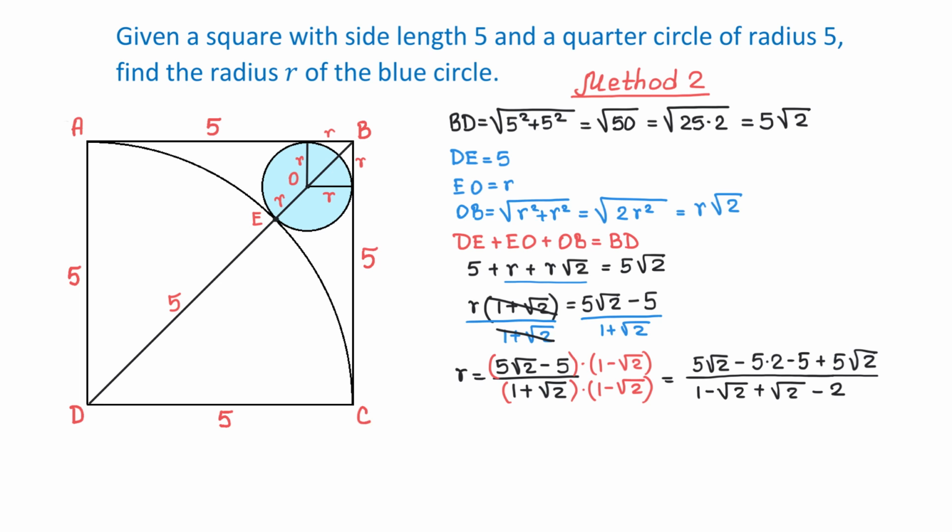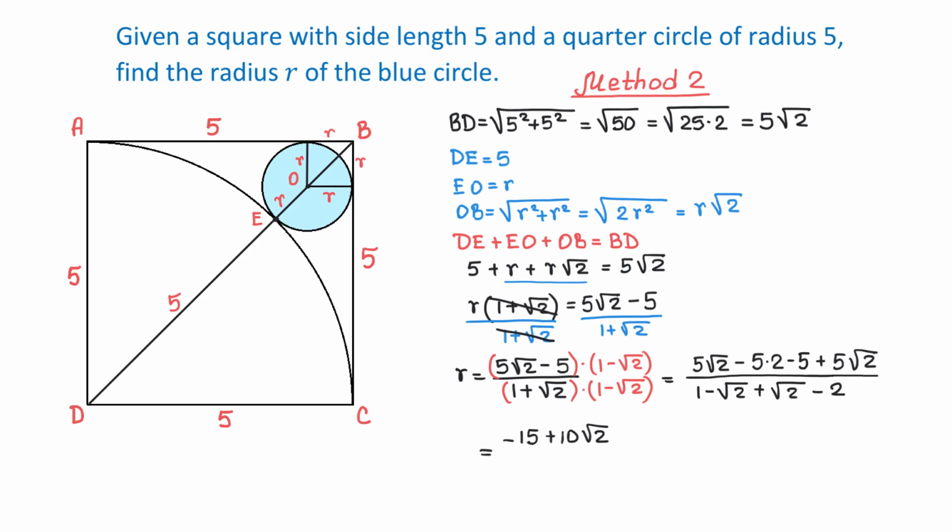Now, in the numerator, negative 5 times 2 is negative 10, and negative 10 minus 5 is negative 15. Then 5 square root of 2 and another 5 square root of 2 makes 10 square root of 2. So in the numerator, we will have negative 15 plus 10 square root of 2.